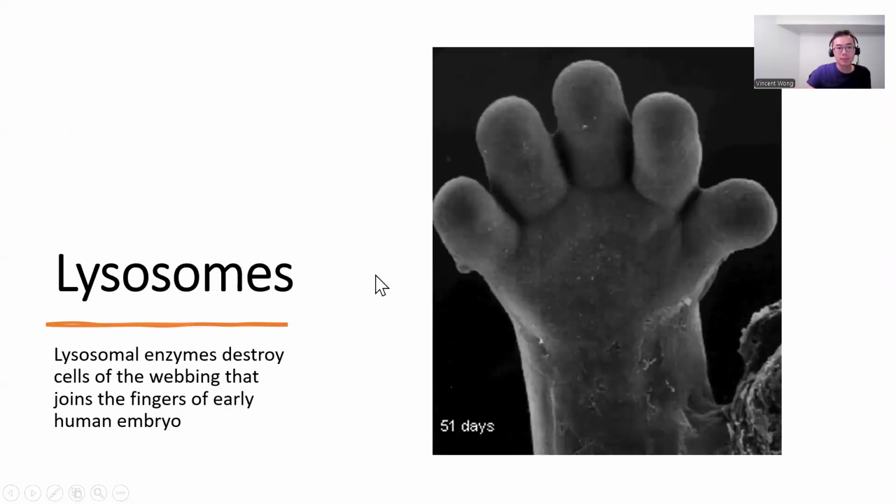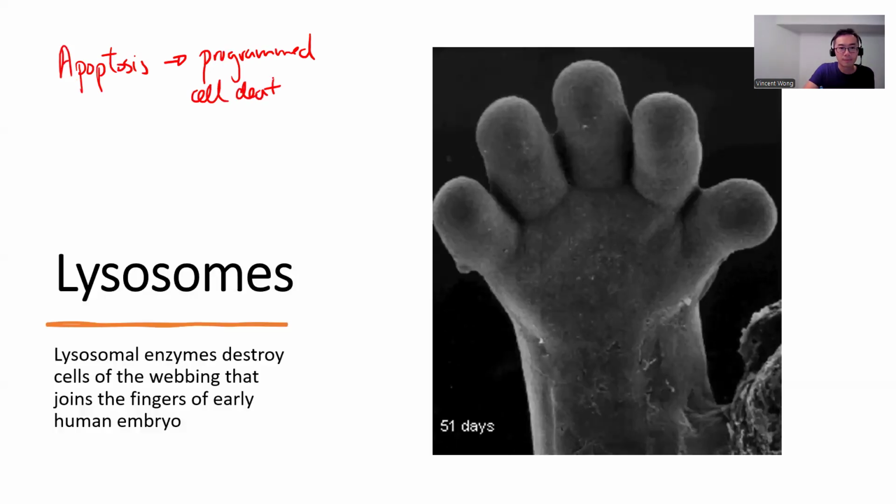Sometimes the lysosome can release its enzymes and cause the cell to die, okay, deliberately. So this process is called apoptosis. Apoptosis is programmed cell death. Okay, programmed cell death. Sometimes you need to kill off a cell. Maybe the cell is sick, or maybe it's part of normal development.